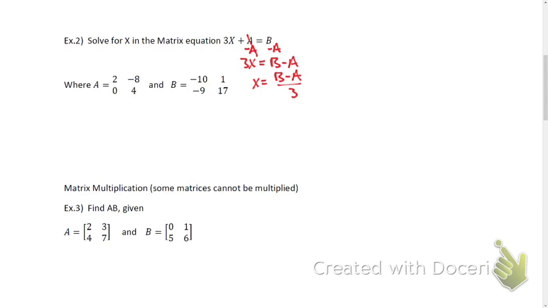So, just like before, let's get b minus a. And we have negative 10 minus 2, negative 9 minus 0, 1 minus negative 8, 17 minus 4. So we get that matrix, and then we need to divide all of them by 3 or multiply by a third, however you want to write it.